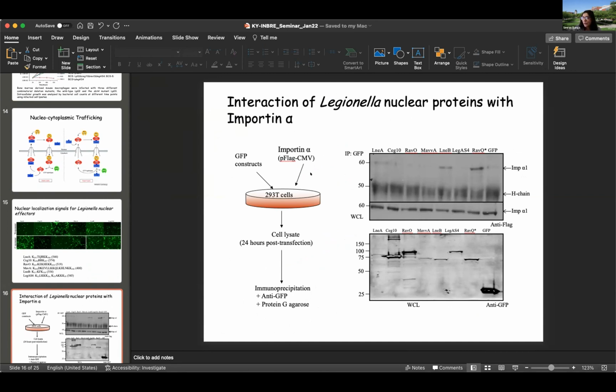The reason for not using macrophages is that the transfection rates in macrophages are not very great. We would also have the same problem if we were not able to separate those cells by some means, like by FACS, we really would not be able to see much impact. So that's why we use the 293T cells, which are very easy to transfect.